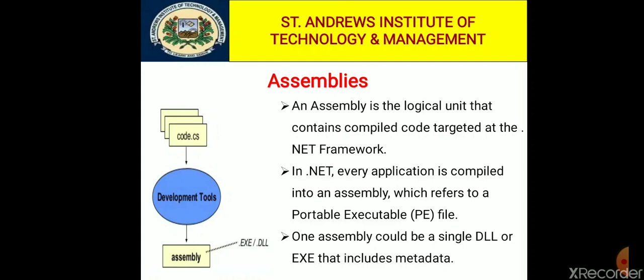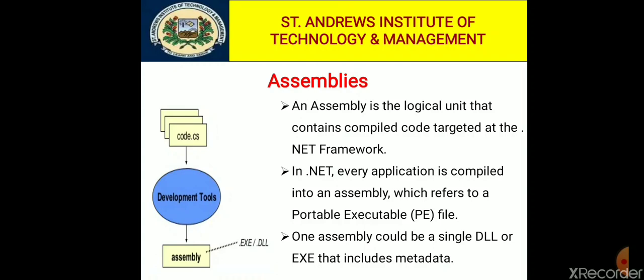Assemblies are the primary building blocks of .NET framework applications. Remember it always. For example, if we want to run any software in our system, first of all we will download the setup file, and its extension is .exe or .dll. After installing the assembly or setup file, we will be able to use that particular software.